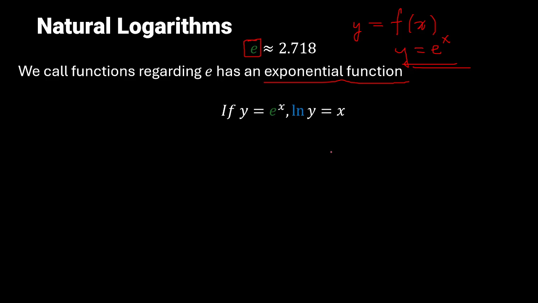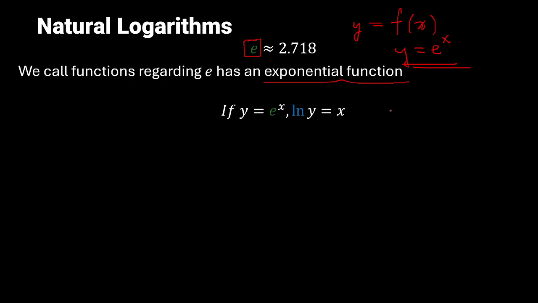Moving on, if y equals e to the power x, which is exactly what I've stated right here, ln y equals x. Now what is ln? That is your natural logarithm right here. So if we were to reverse e to the power x and write it in terms of y, we'd get ln y equals x.